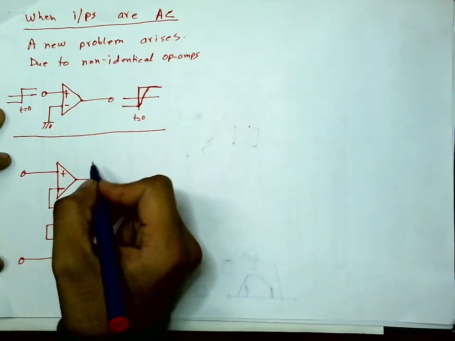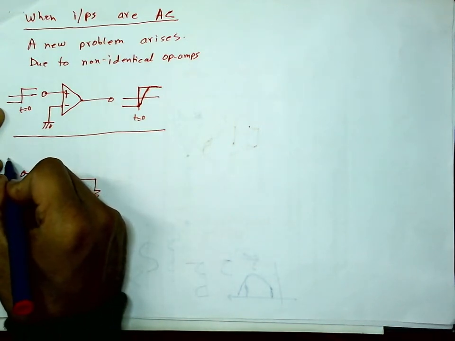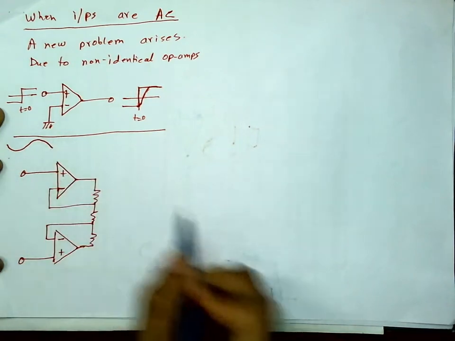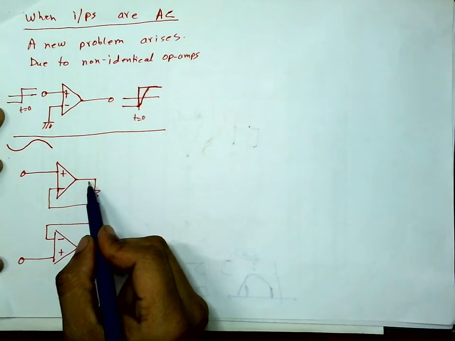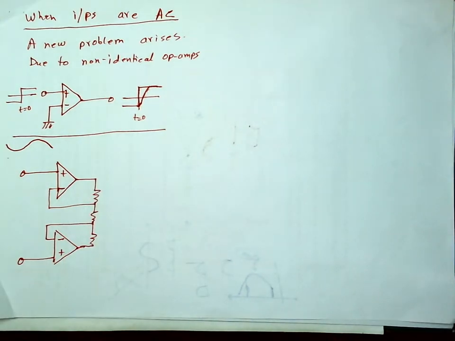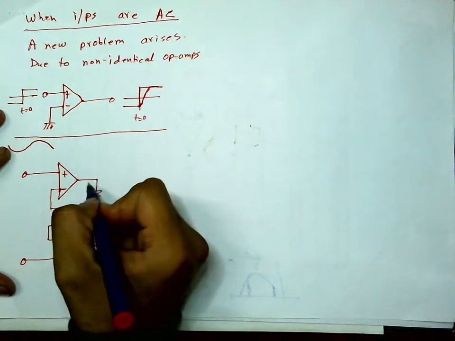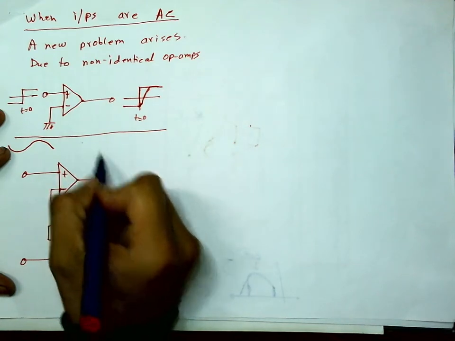Now if I have an input here which is like this, varying sinusoidally, this will also cause the output here to vary. So here also, if you think about it, you'll find out that the output varies sinusoidally. Okay, so let me draw it here.